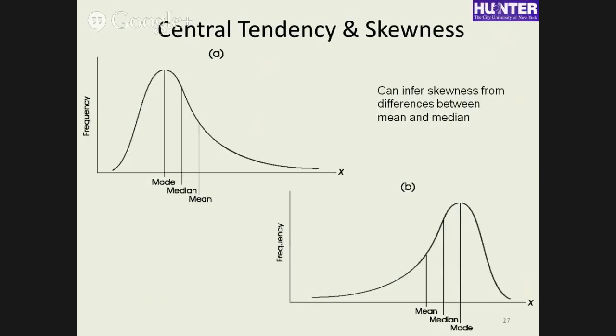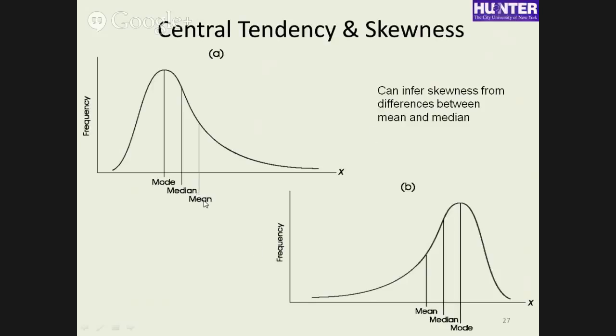When there's no skewness, these 3 measures will all be very close to the same, but the more skew you have, the more different they become. And you can detect skewness without even looking at a histogram or a boxplot, just by looking at the mean and the median especially.